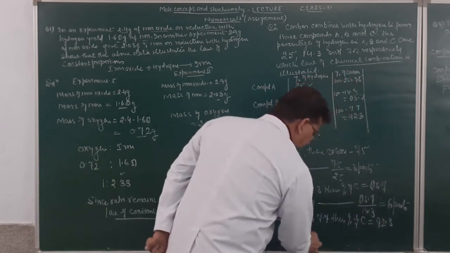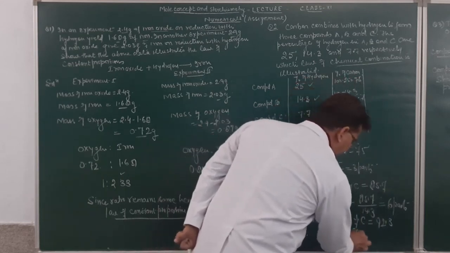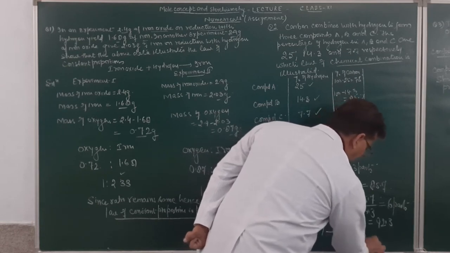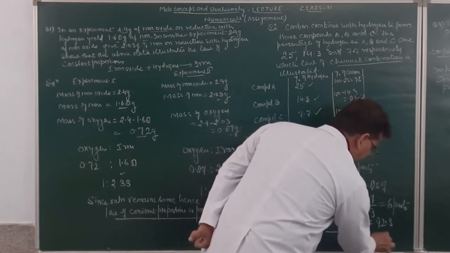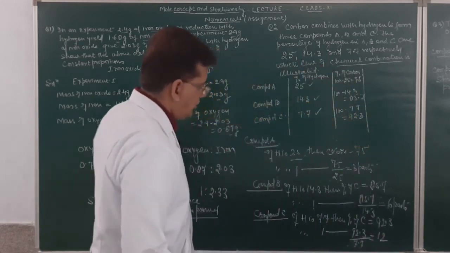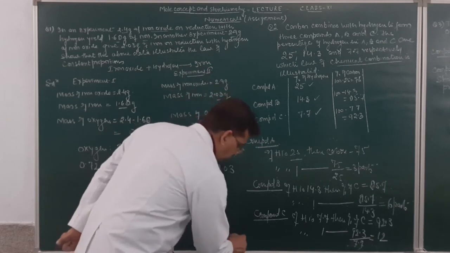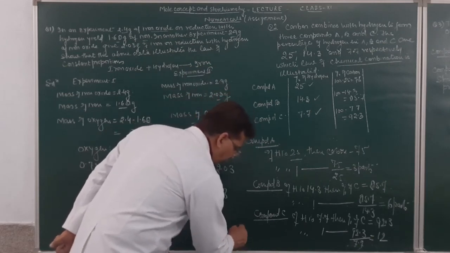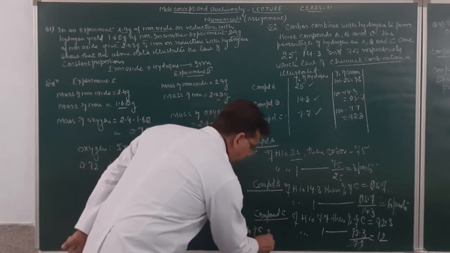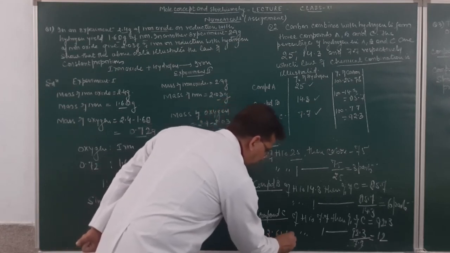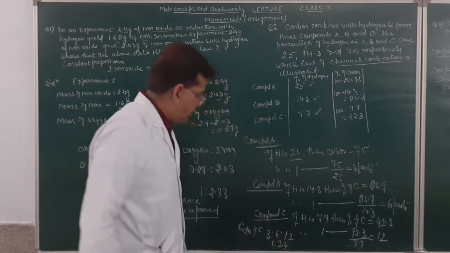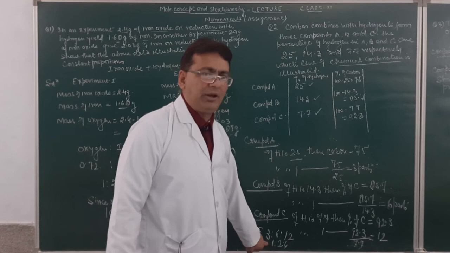If it is 1, this will be 92.3 divided by 7.7. And on solving it, I think, it must be equal to 12. So what ratio? The ratio of carbon in each case, because the mass of hydrogen is fixed, will be 3 ratio 6 ratio 12. So this will be 1 ratio 2 ratio 4. And I think this ratio is coming as a multiple ratio.